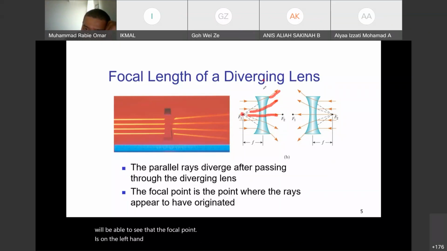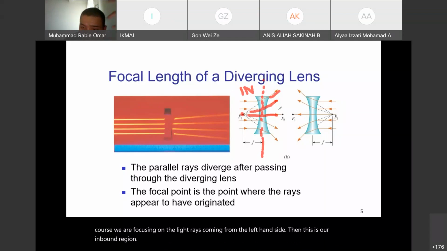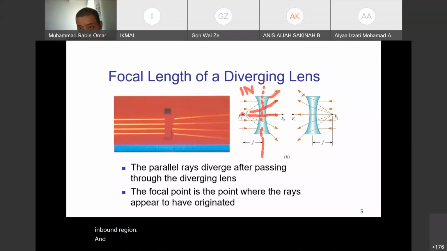So the thing is, we divide this into two sub-regions. Of course, we are focusing on the light rays coming from the left hand side. Then this is our inbound region. And then, of course, our light rays will go through the lens, and then the right hand side is our outbound region.